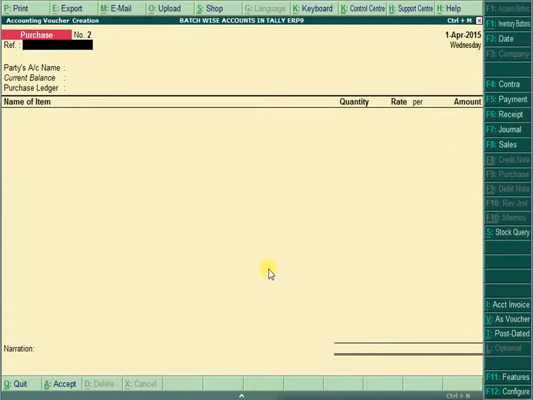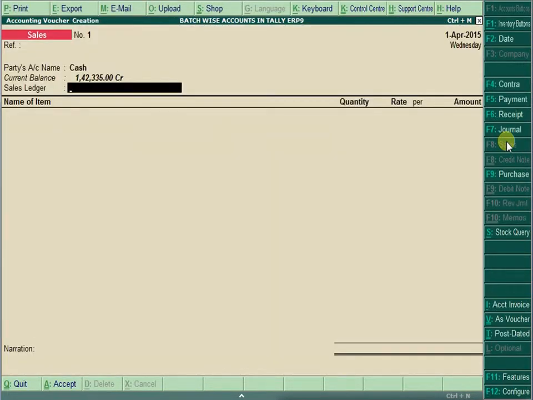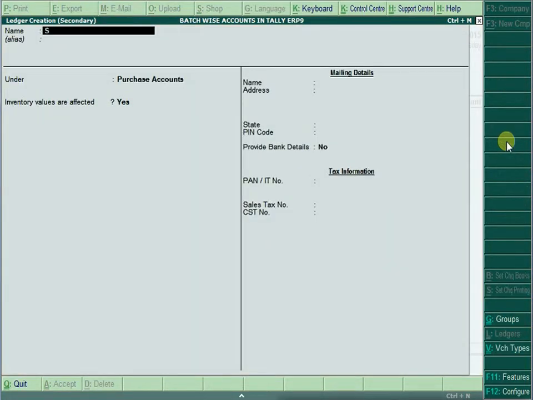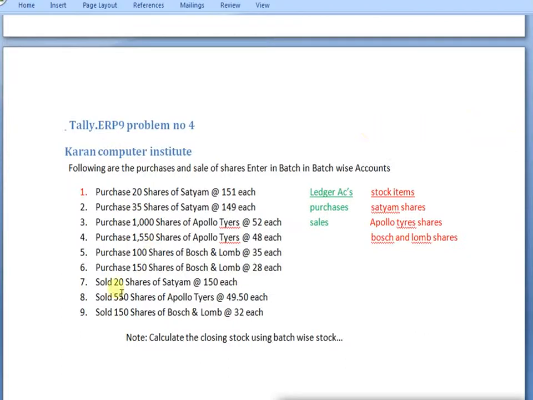To get the sales voucher, press F8 or click on sales. We are selling 20 shares of Satyam, 150 each.